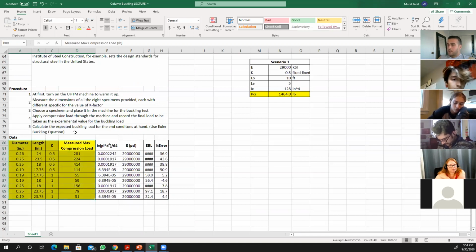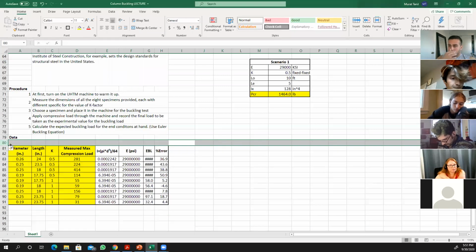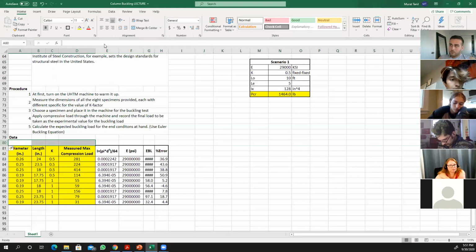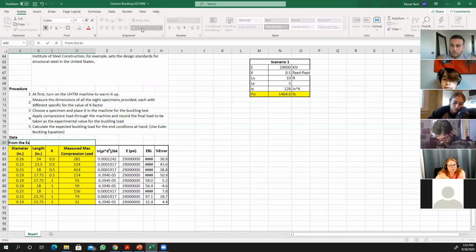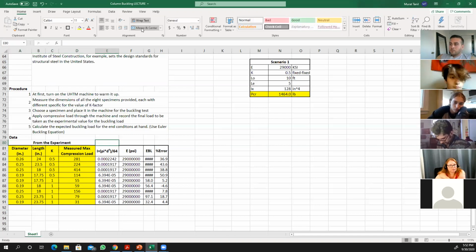I'm gonna highlight this. Okay, you got this from the experiment. And you have to compare this with the EBL value, elastic buckling load.